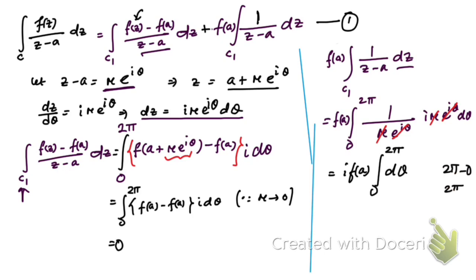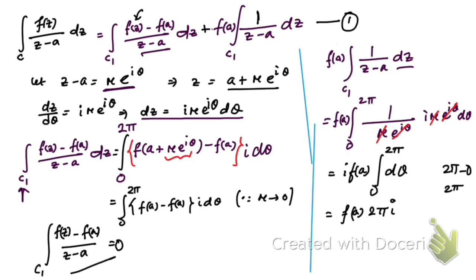So we have f of a times 2 pi i. Here we have got the integral of f of z minus f of a by z minus a along c1 equal to 0, and the value of this one we have got, so we have the values of these two.